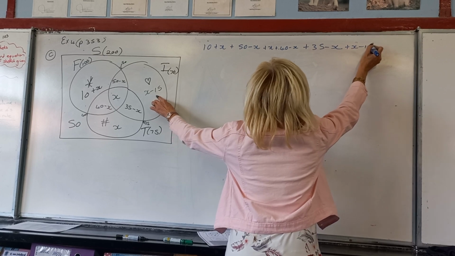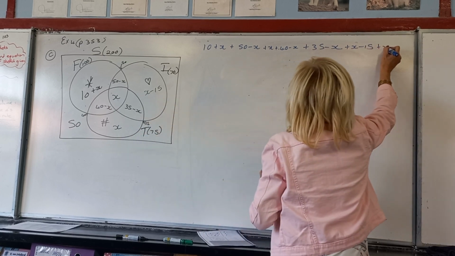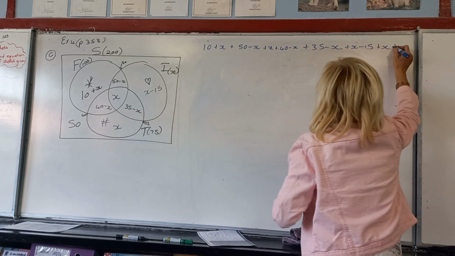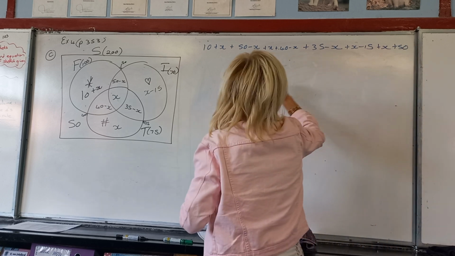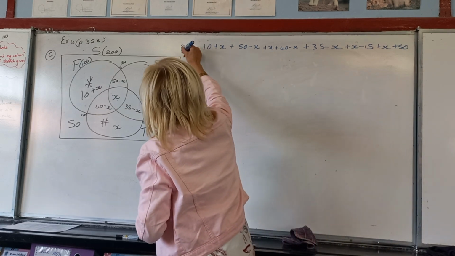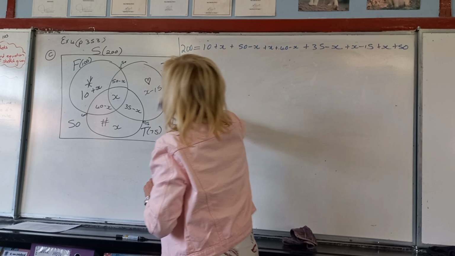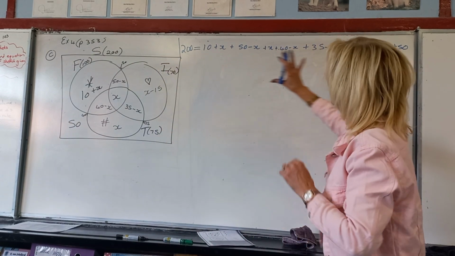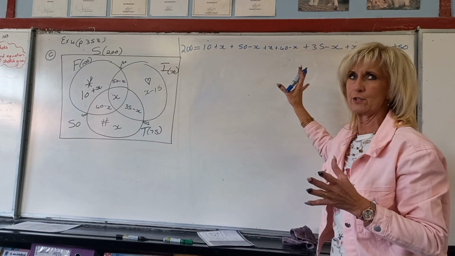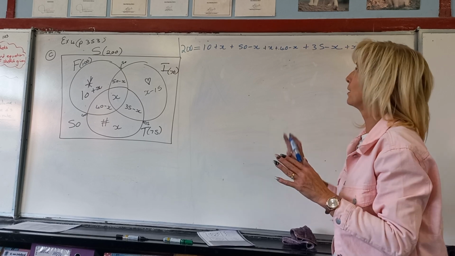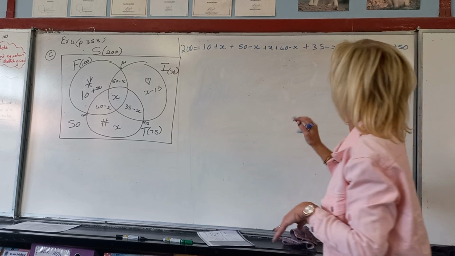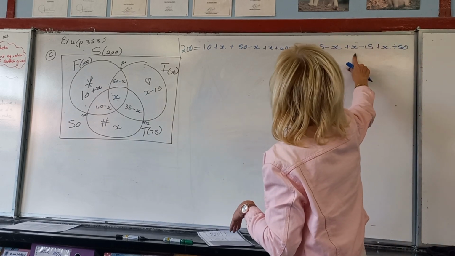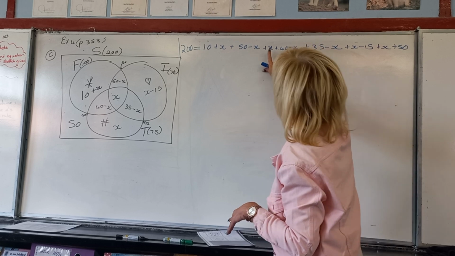Plus x minus 15. Plus x. Don't forget the plus 50. And all of that should be equal to 200, whether it's on the left or the right. Doesn't matter. You've got an equation. An enormous equation. And it's okay. Now you just have to add the like terms. So, 2x. Gone.